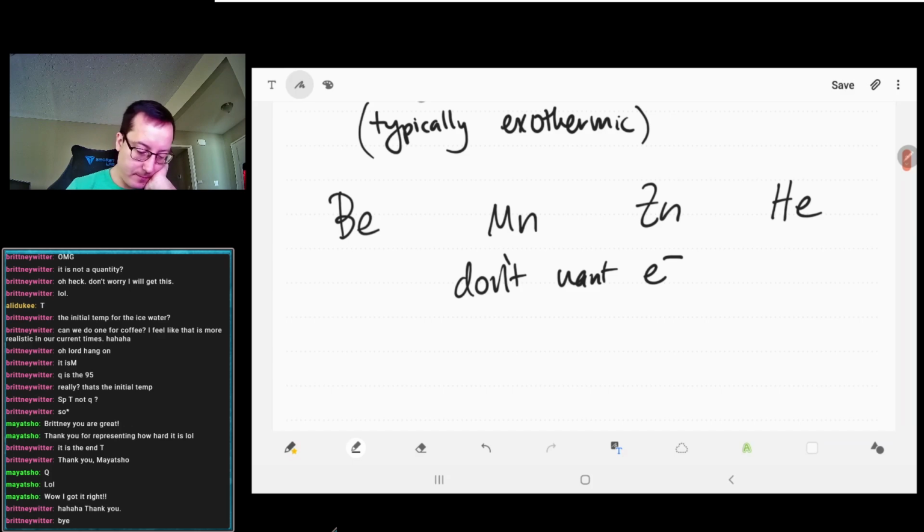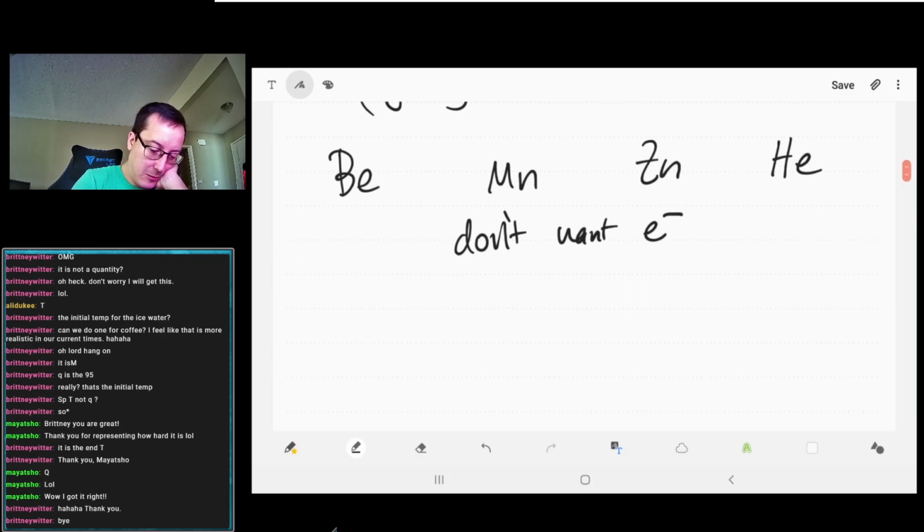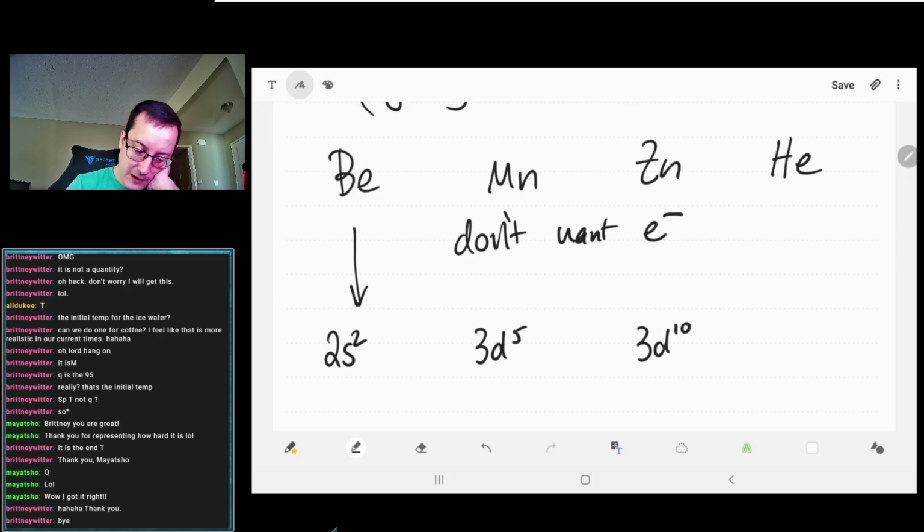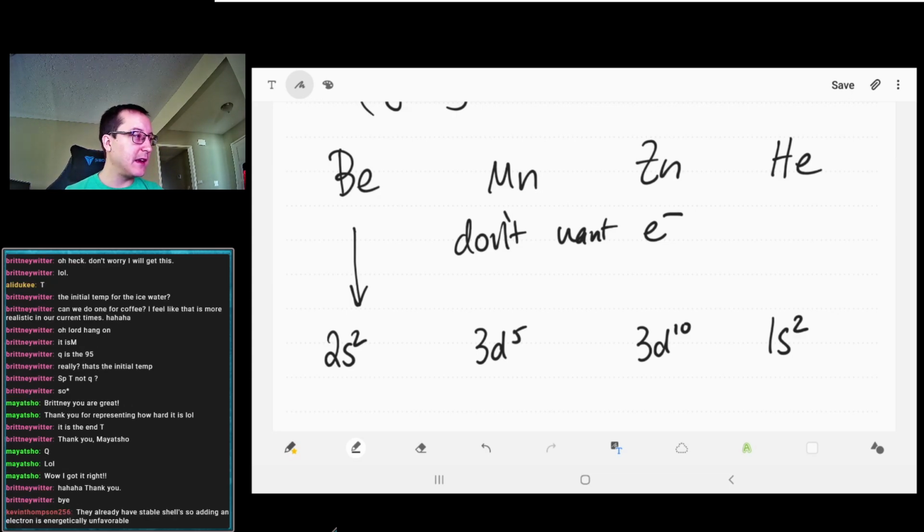So, if we notice, if we look at the last electrons, we're going to see that these ones will not want to gain any more. Exactly. So Kevin has it right on the head there.